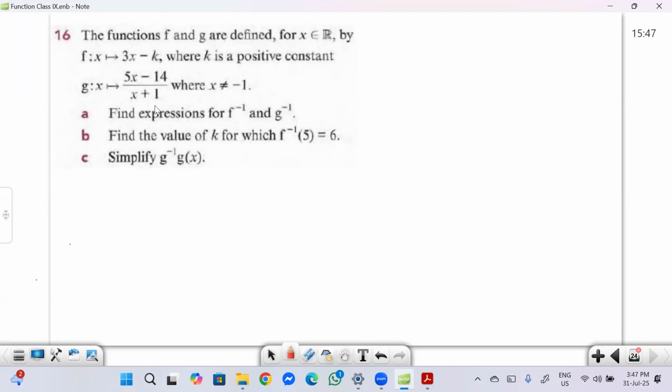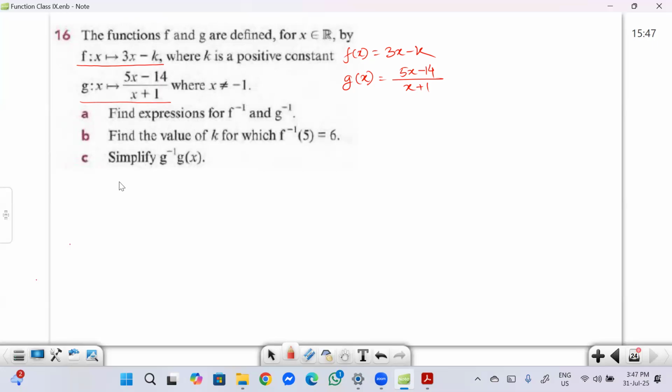What you need to first understand is that from this expression, we should be able to write f of x equals 3x minus k. Don't get confused. And g of x is equal to 5x minus 14 over x plus 1. Find expressions for f inverse and g inverse.